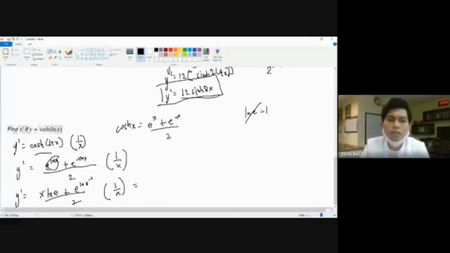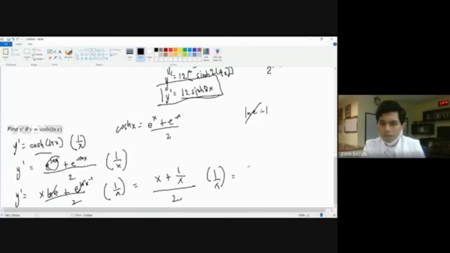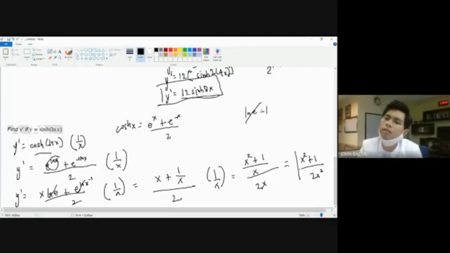Therefore, this is x plus 1 over x, all over 2 times 1 over x. Simplify our answer. Our final answer is x squared plus 1 over 2x squared.